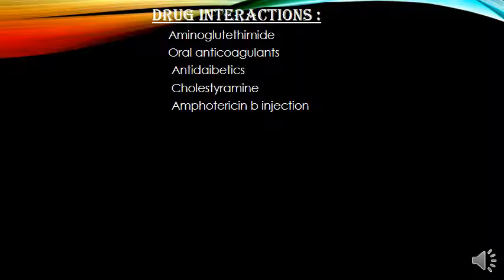The last but not least, and a major drug interaction, takes place with amphotericin B injection. Amphotericin B is an antifungal drug, and if it is given to the patient intravenously while betamethasone is applied topically and gets absorbed systemically, then a major and serious drug interaction occurs, and the medications may cause very harmful effects.